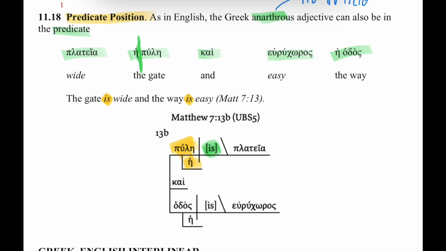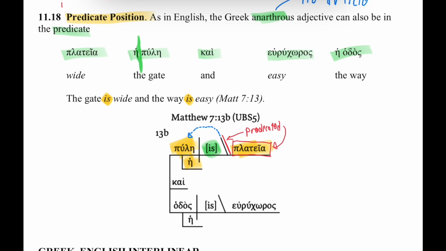It's not in the text. And then we have plateia. And now this line with a slant to this side tells me that this is the predicate. Everything here is predicated. So it's almost like a little ramp that's reminding you to launch back and look at it. It's telling me something about the noun.